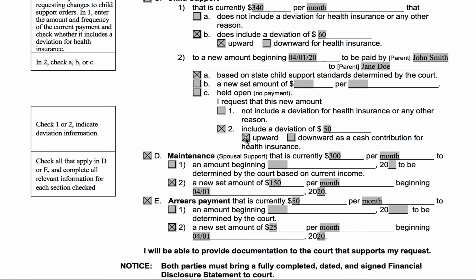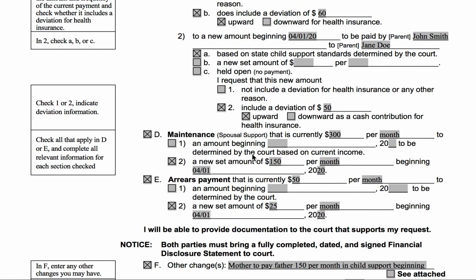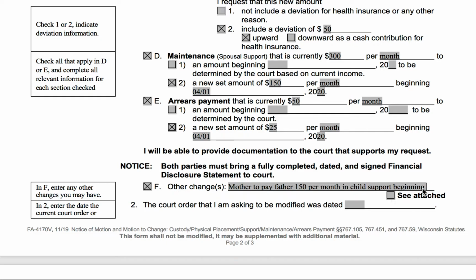And so you're basically just following the same format here, and you could also talk about, is it going to include a deviation? But that would probably be on a C attached. And you can just do like a Word document, C attachment, saying what it is you want to do with that.